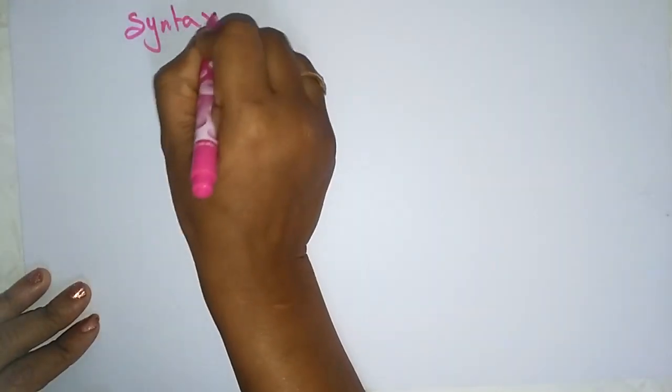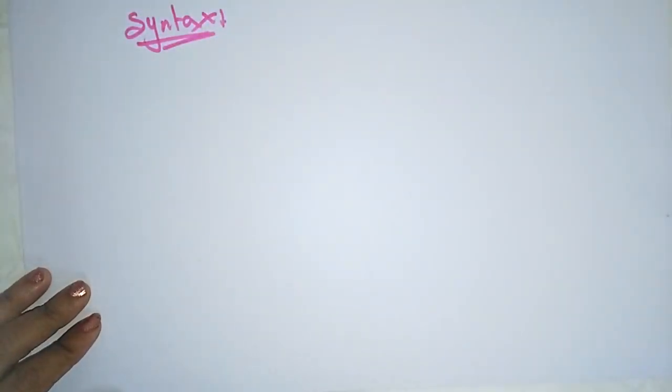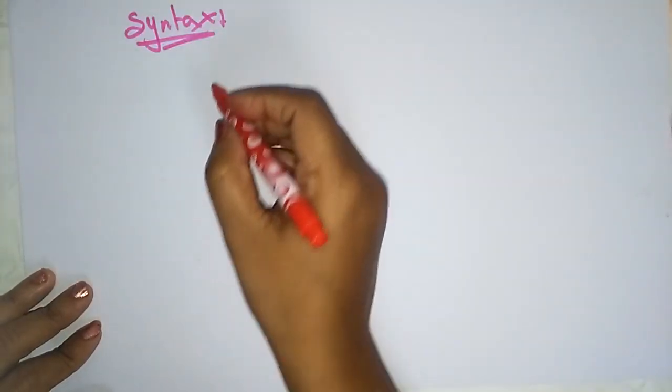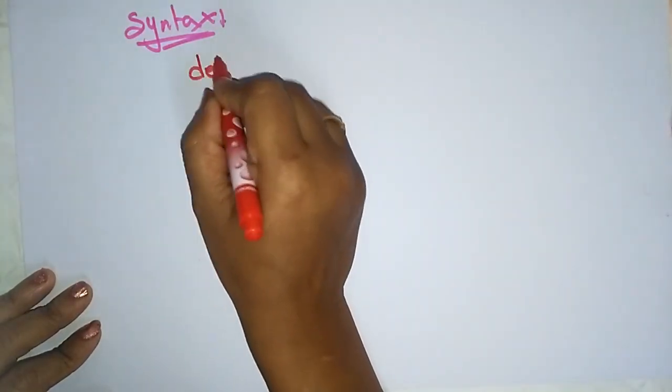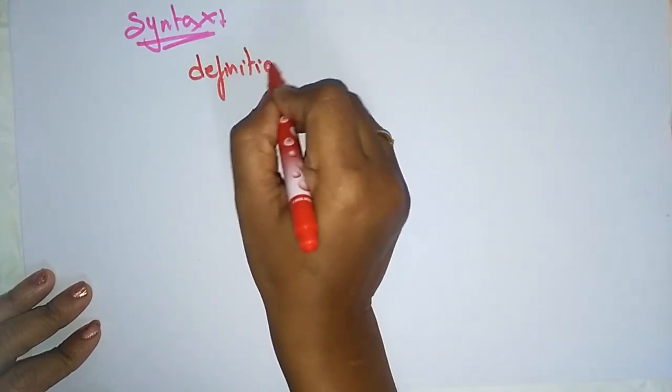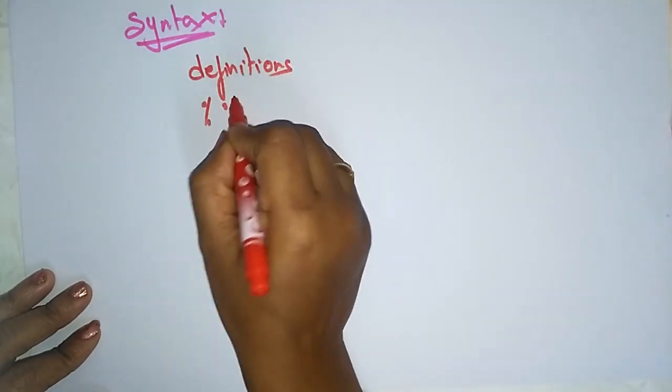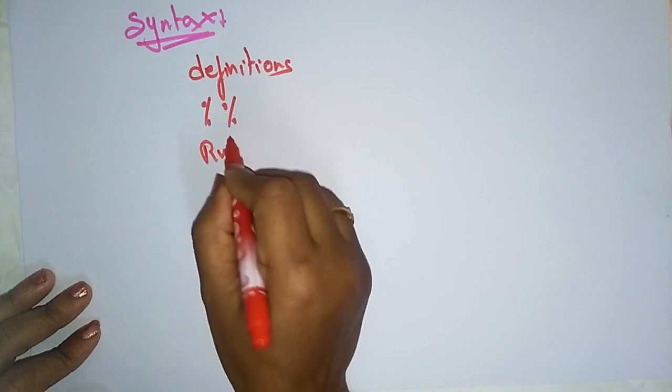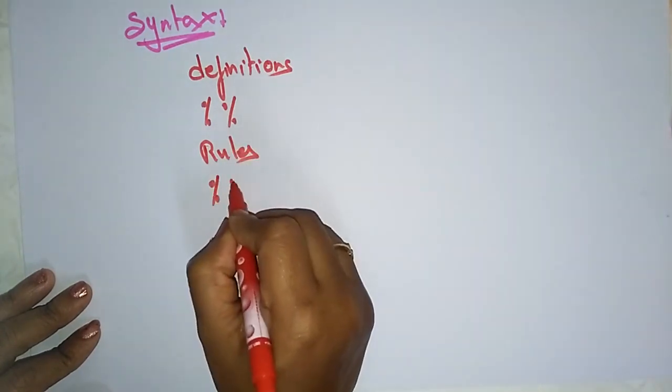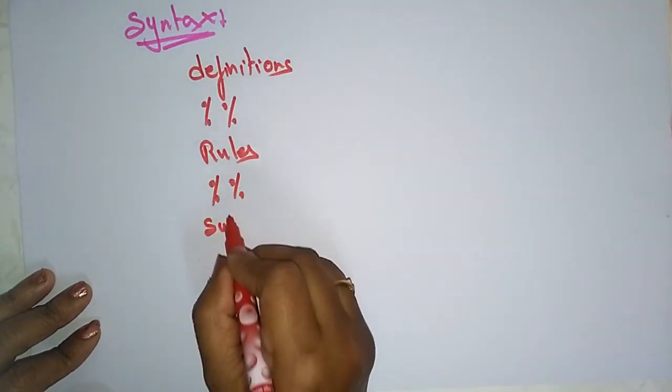This is the structure of YACC. Just like the Lex tool, this YACC tool also has a syntax: definitions, percent percent, the rules, that is translation rules, and the supplementary code.